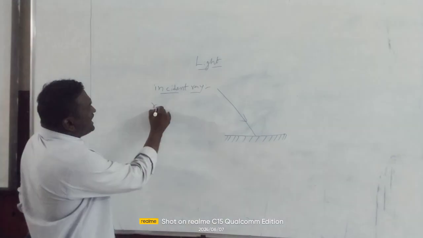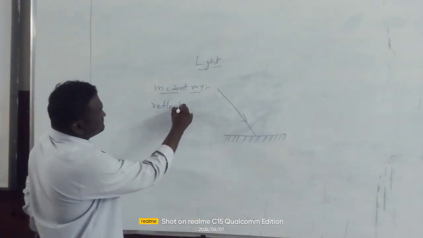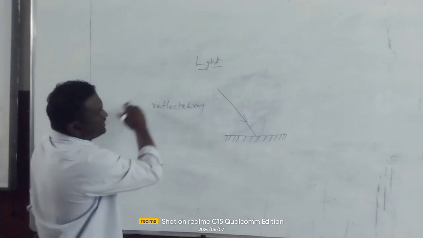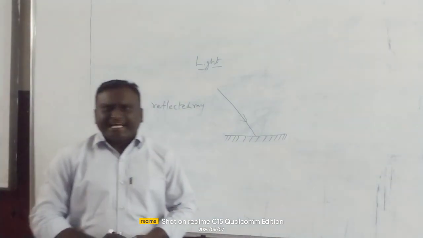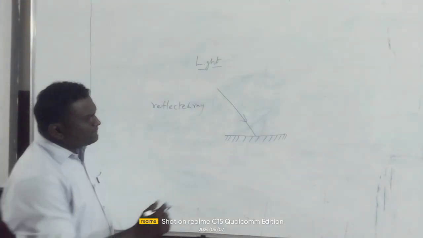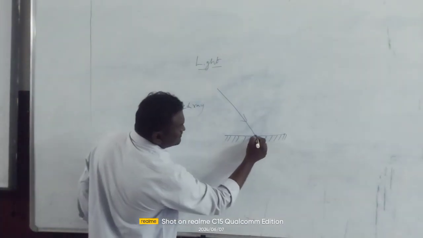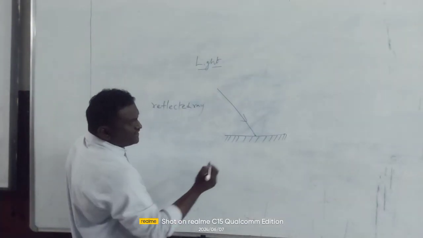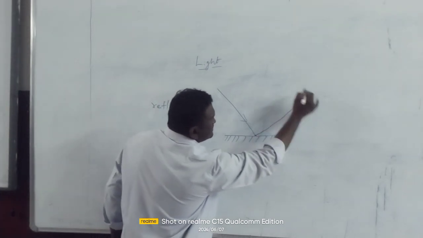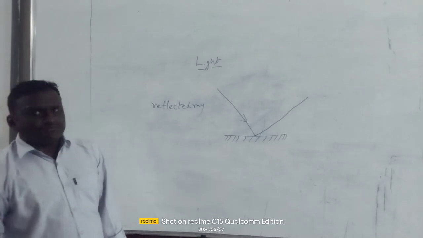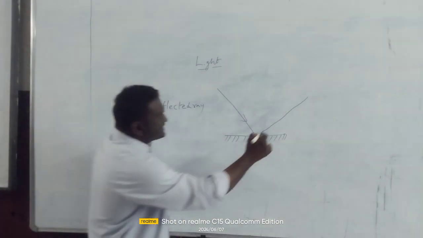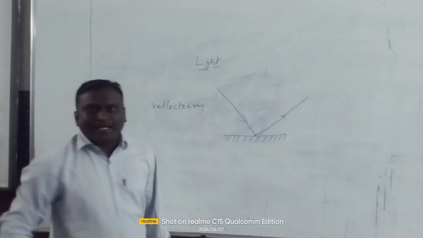Next one, reflected ray. The ray which comes back from the surface, the same surface, is called the reflected ray.